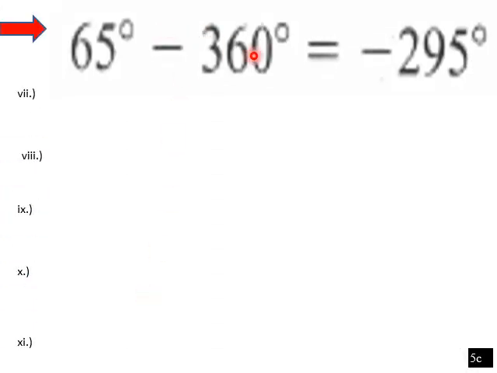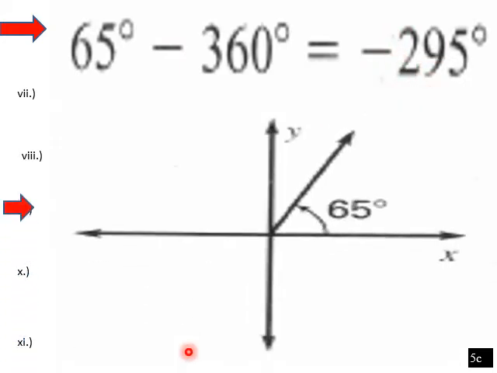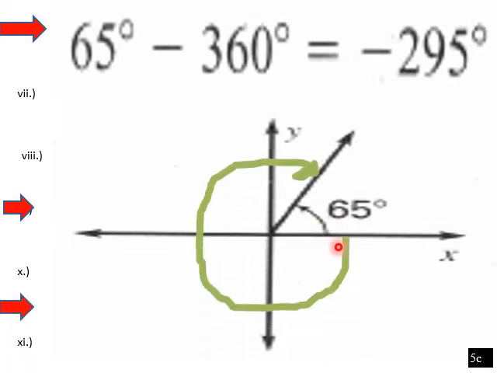So 65 minus 360 would be a negative 295. So negative 295, you would go this way, and your terminal side would still be here at 65 degrees, but it would be approaching it from going the opposite way, doing a negative 295 instead of a positive 65.